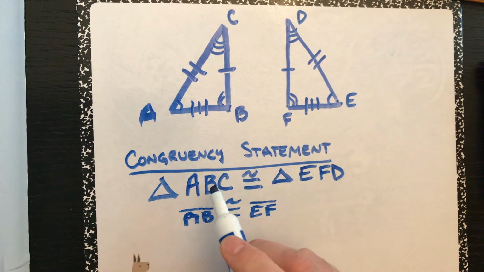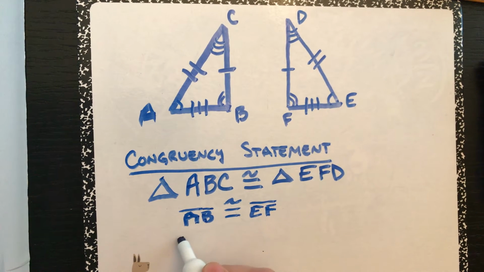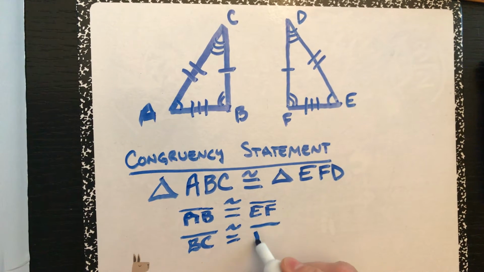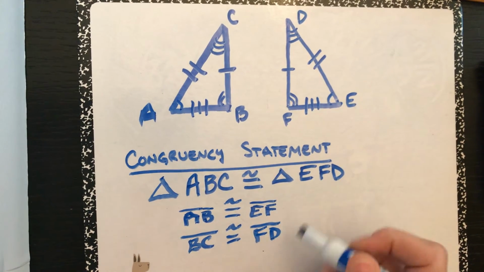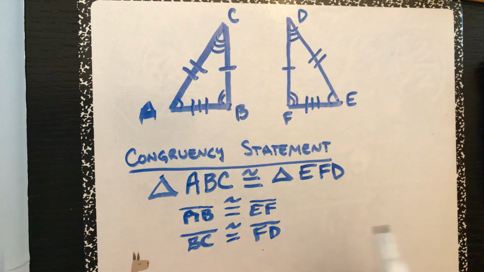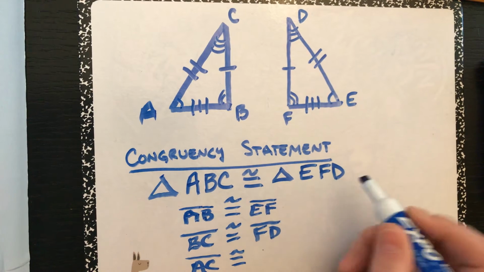And then side BC is congruent to side FD. I'm not even looking at the picture up here. I'm just looking at my statement. And then for the last side, side AC is congruent to side ED.